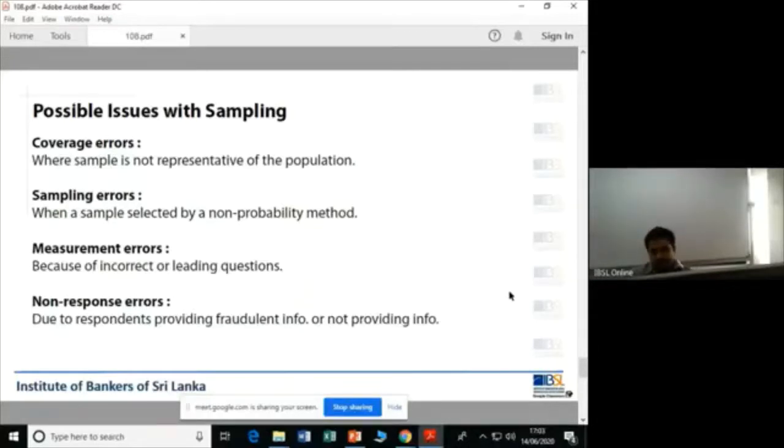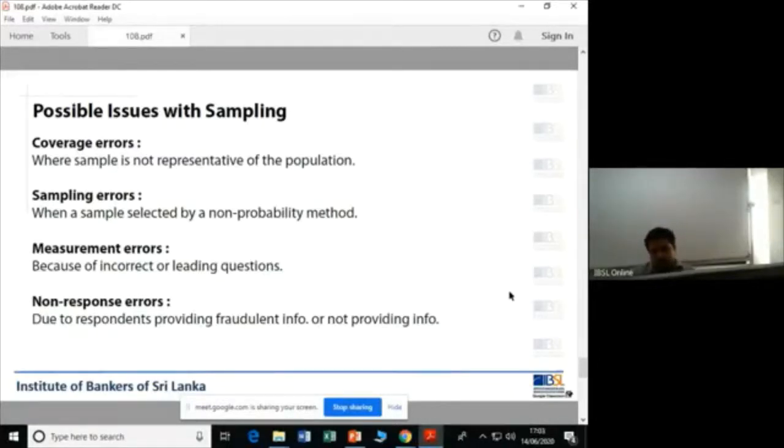Third and fourth are important. These are being questioned in some of the past paper questions that we are going to discuss next also. The third one, the name given is the measurement error. Measurement error could occur because of incorrect or leading questions or data collection methods. Let's have some more detailed discussion on the measurement error.